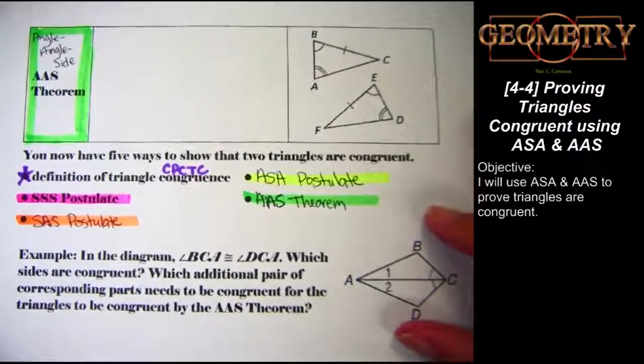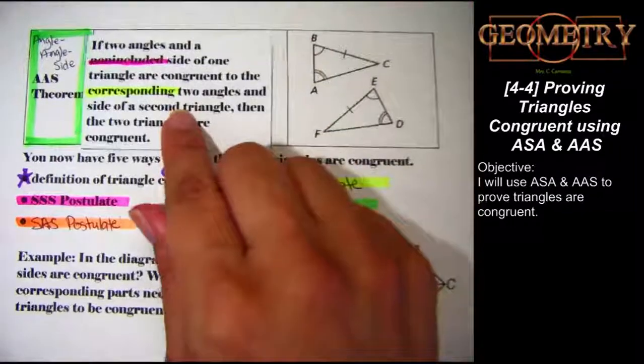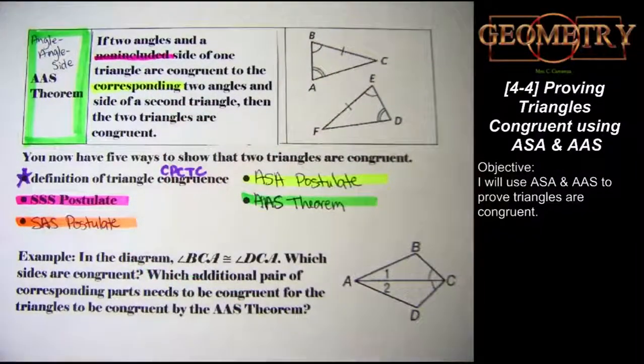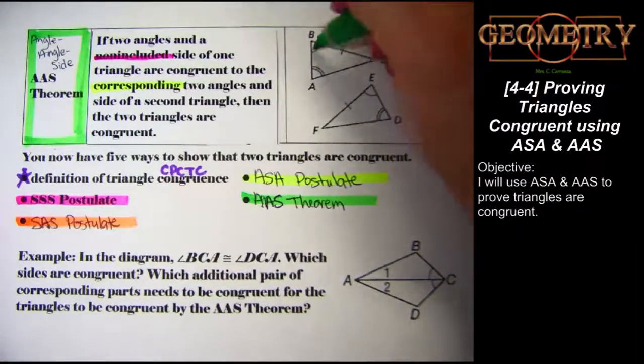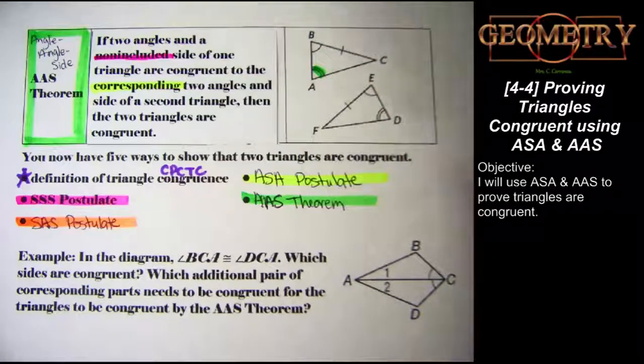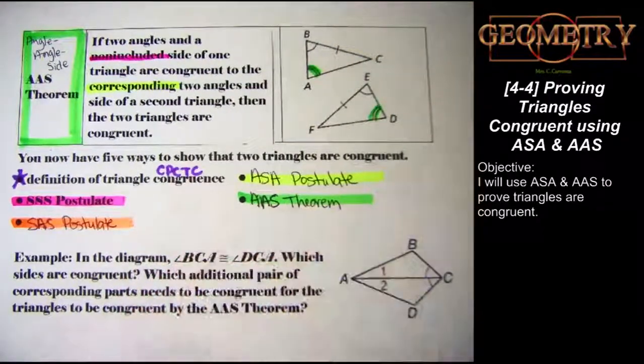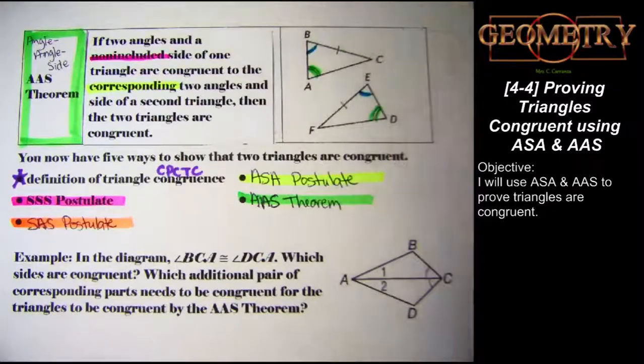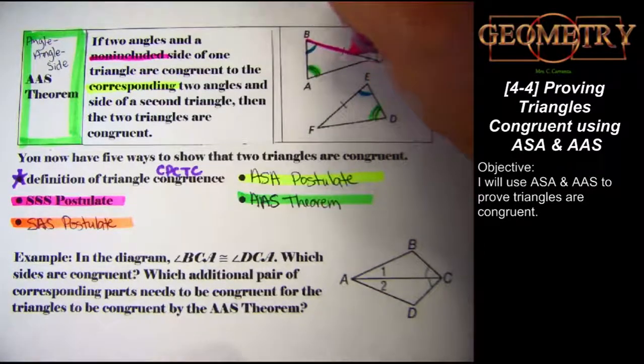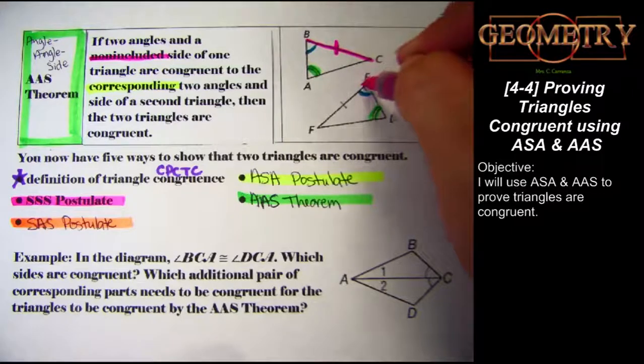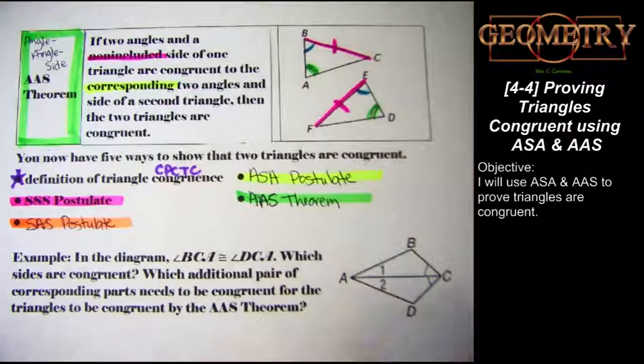And here's what the angle angle side theorem says. If 2 angles, count them, 1 and 2, are congruent to, and the non-included side. Notice that this is one of the sides that's not between the 2 angles.